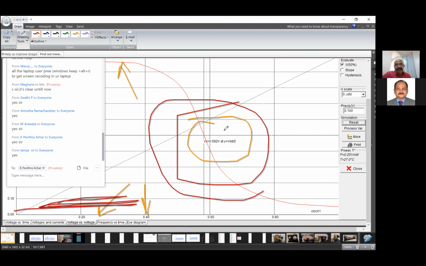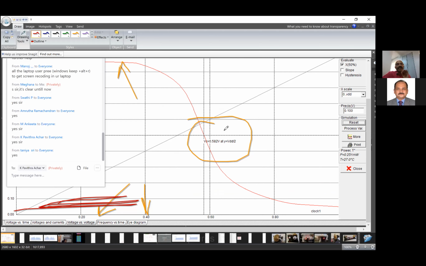So ideally, this quiescent point should be half of the supply. If you're working at 1.2 volt, it should be 0.6 for the best switching characteristics. If you're working at 5 volt, it should be 2.5 volt. It should be at the center of the noise margin area.